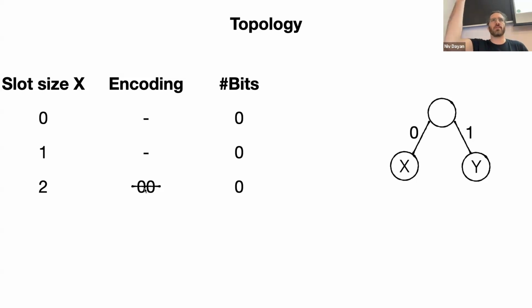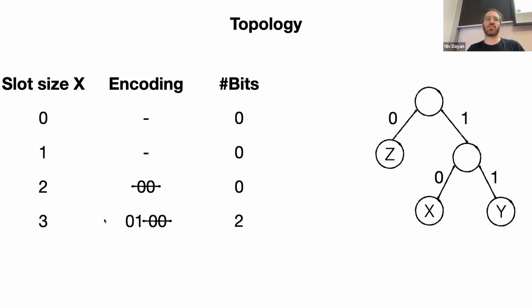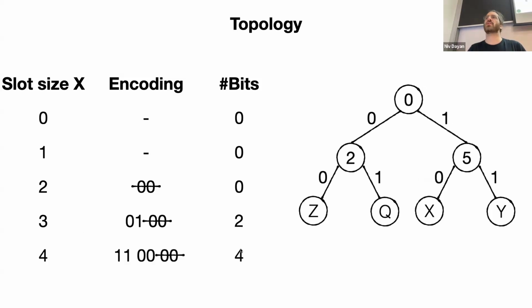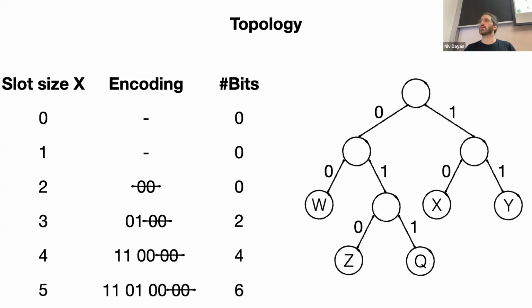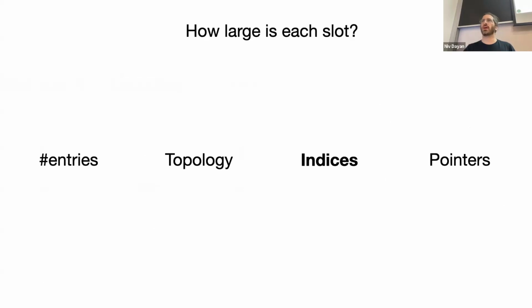I know that the last node of the trie just has 2 children that are leaves. So I also need 0 bits. It's only from the case that I have 3 entries and onwards that every subsequent entry in the trie costs me 2 additional bits. Okay? So if I have 5 entries, I need 6 bits. Okay, so that's the topology.